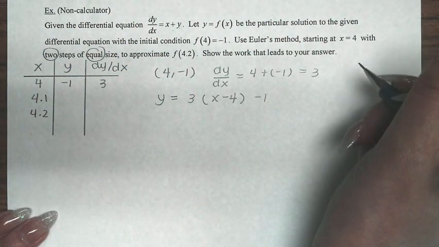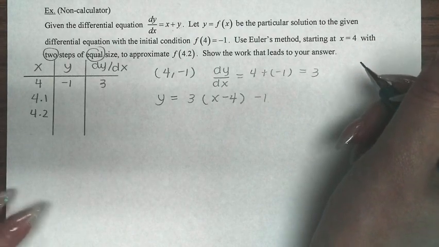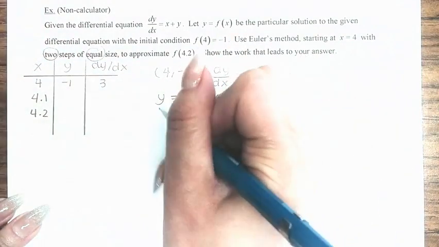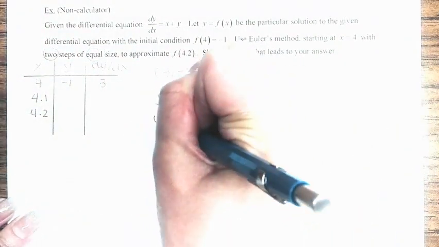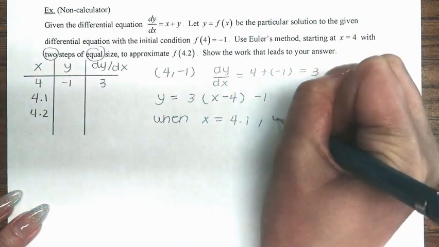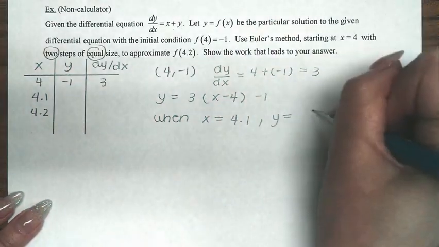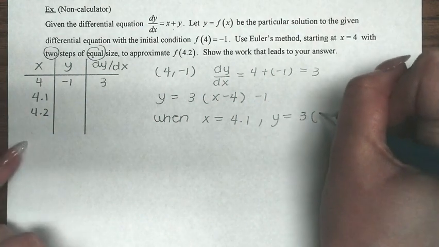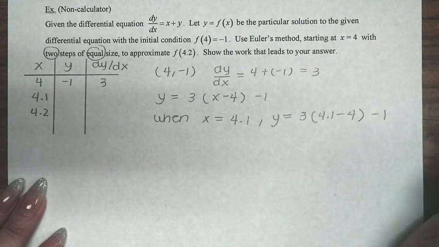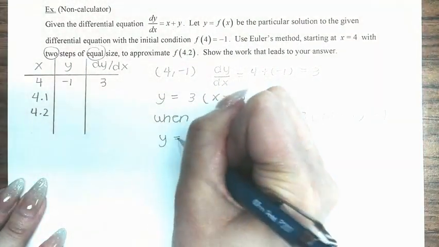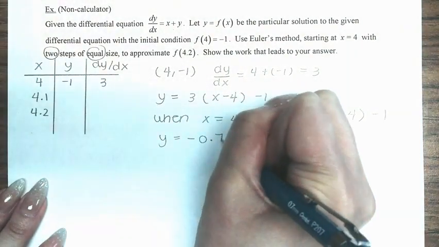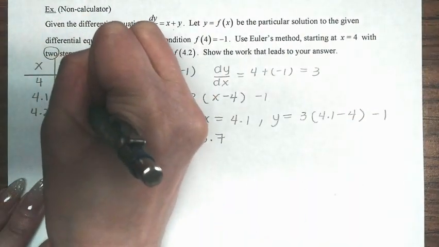To find the y here, I'm going to plug the 4.1 in this equation. When my x is equal to 4.1, my y is going to be equal to 3 times 4.1 minus 4 minus 1, and that y will give you the value of -0.7. So you record this here.